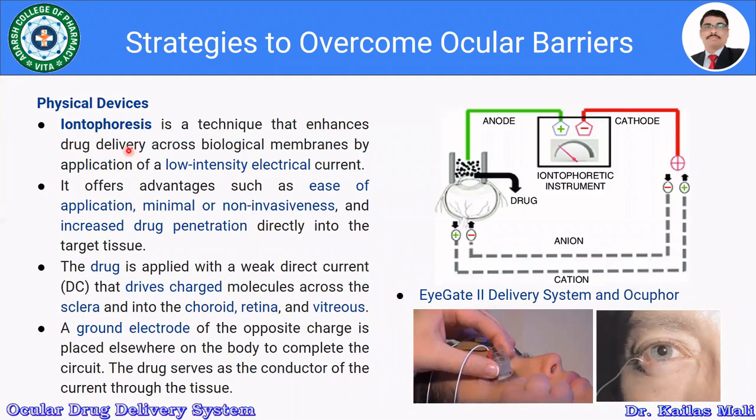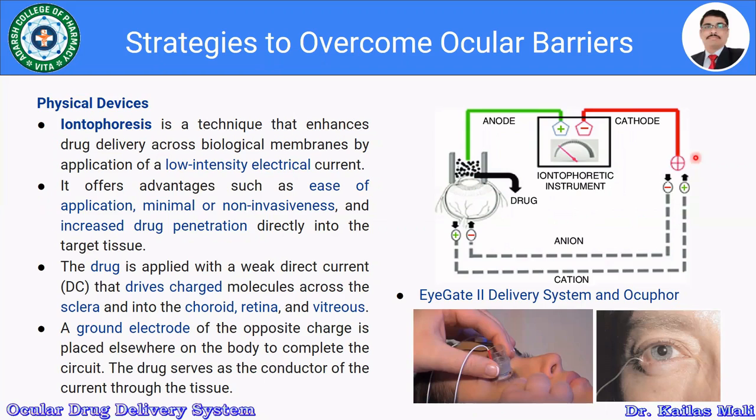Let us see the physical devices. The very first device is iontophoresis. So here it's an iontophoretic device. This is a technique that enhances drug delivery across the biological membrane by application of low intensity electric current. So this is the iontophoretic instrument which applies the low intensity electric current onto the eye.